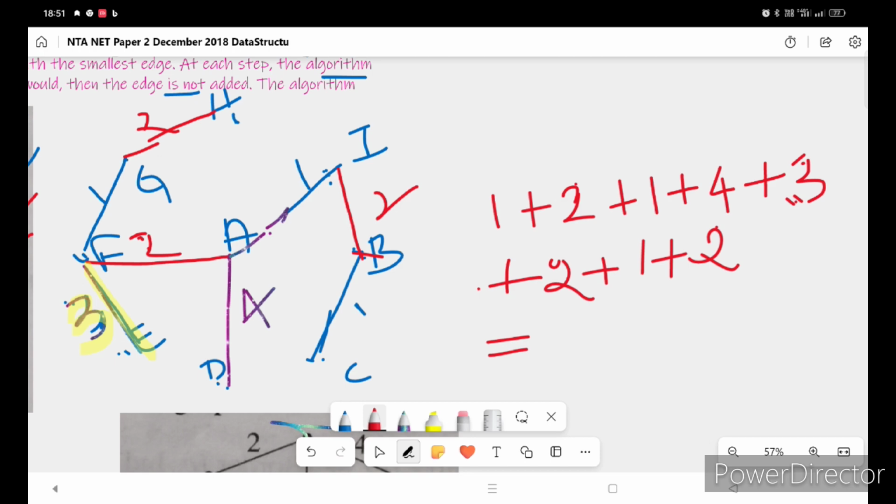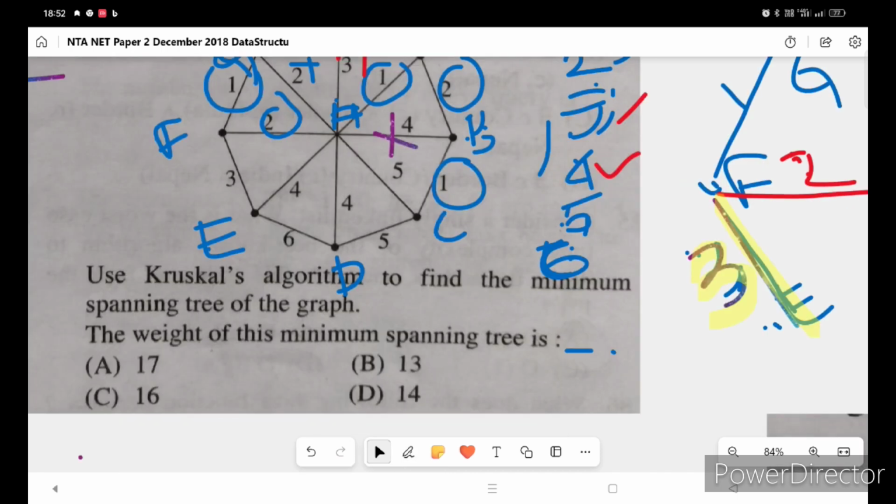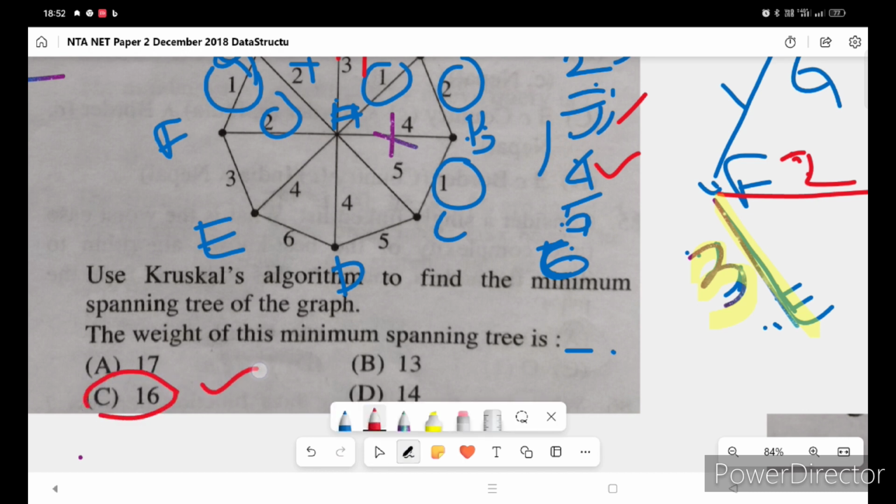Calculate the value. The minimum spanning tree weight is 16. The weight of the minimum spanning tree is 16. This is the correct answer.